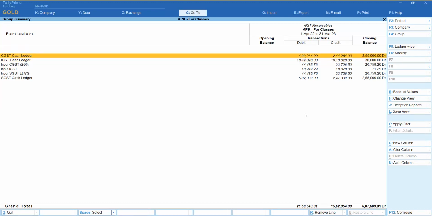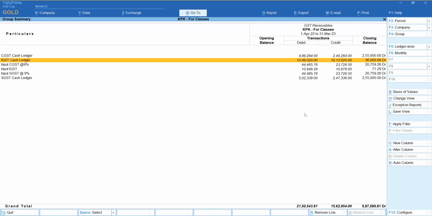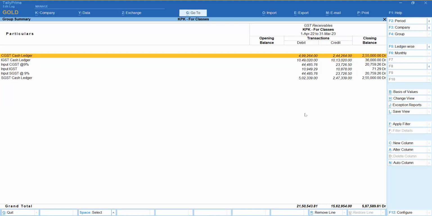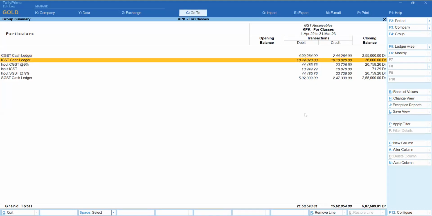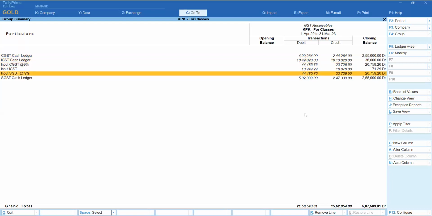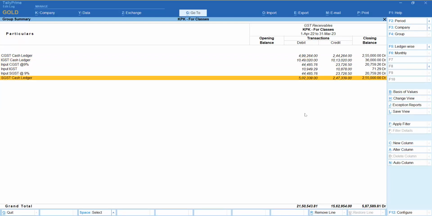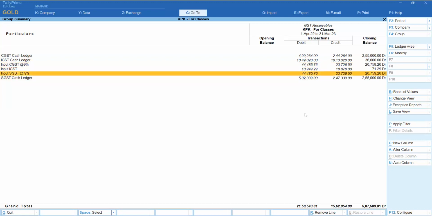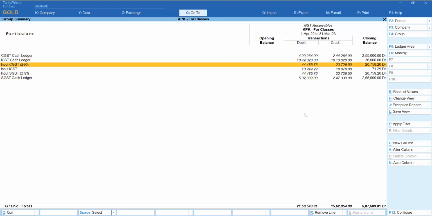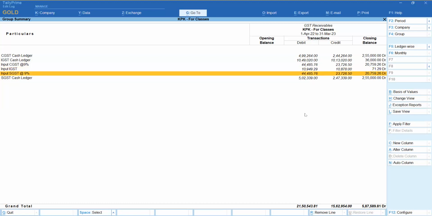We didn't discuss cash ledger entries, which I will discuss in some time. This we will discuss later. Right now, we will discuss the input ledgers: input CGST, input IGST, input SGST.